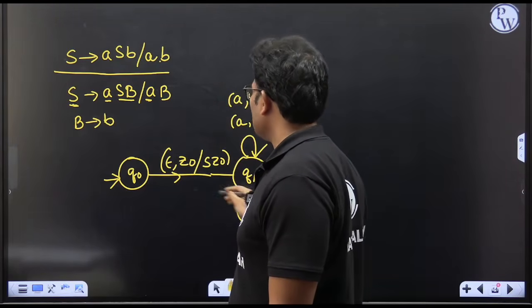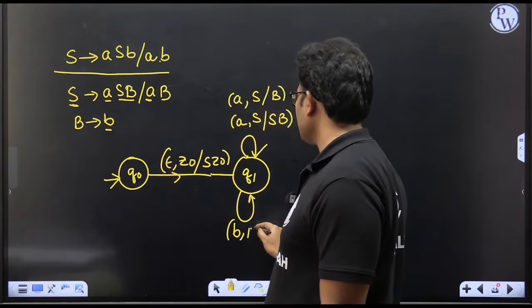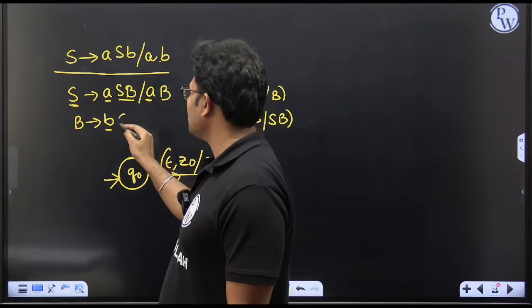Similarly, if input is b, top of the stack is capital B, then it is b followed by epsilon.